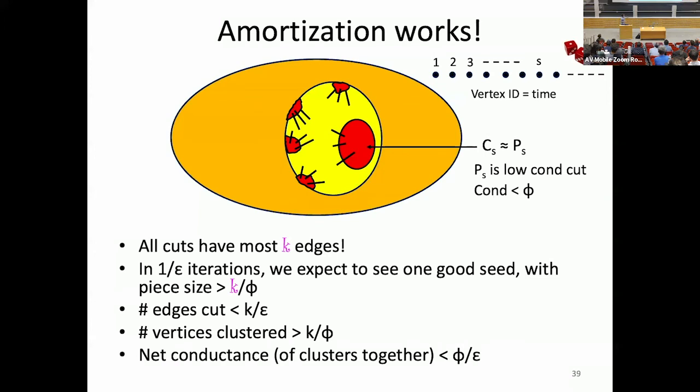And so if you put it all together, the net conductance, this is maybe something to mention, it's not true that every piece in your hyperfinite decomposition has low conductance, but globally, the total number of edges cut is small. So that is what you get out of this.